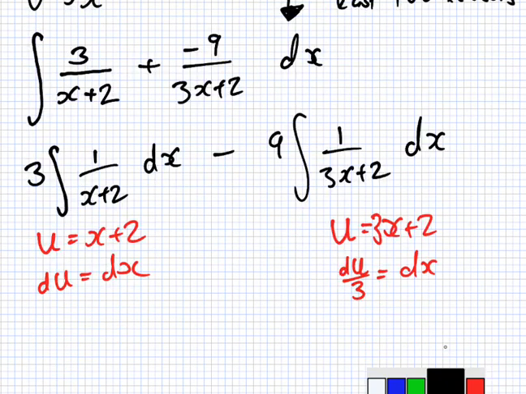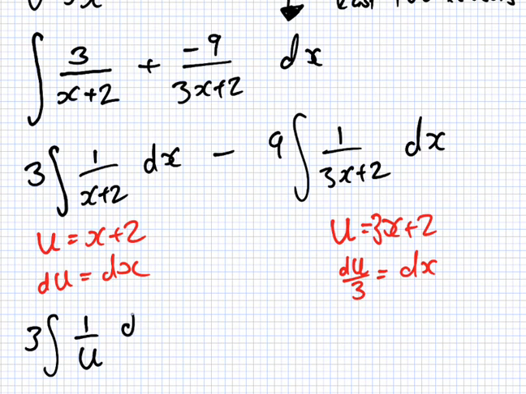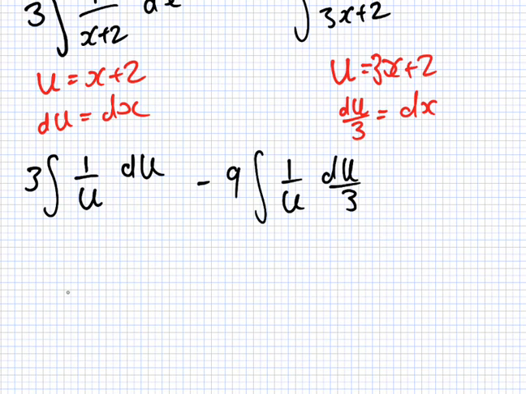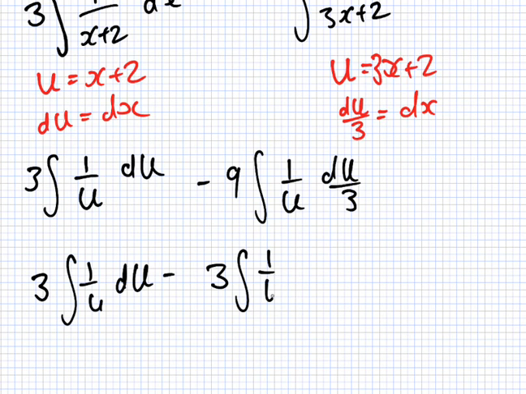So now we can change this into 3, 1 over u du minus 9, 1 over u du over 3. That's really good, because here that's 1 over u du, and then here that's 3 1 over u du.